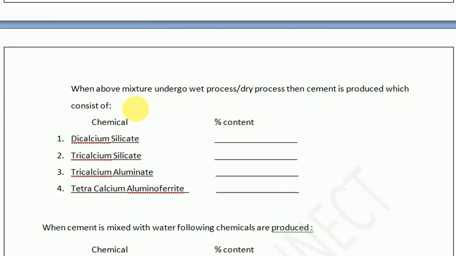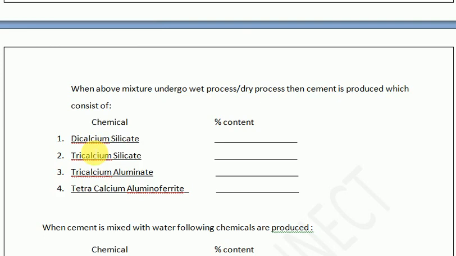Now we understand that cement is the composition of these four chemicals. The percentage composition of these four chemicals has a huge impact on the properties of cement. A cement which has dicalcium silicate as a constituent, compared to another cement in which it is present in a smaller quantity, will behave differently.